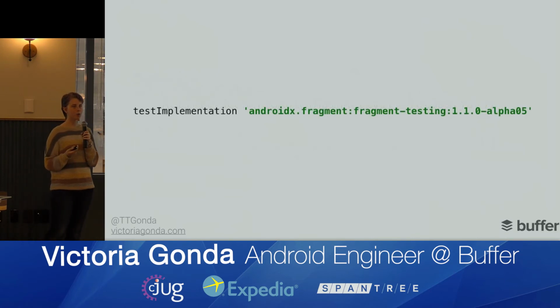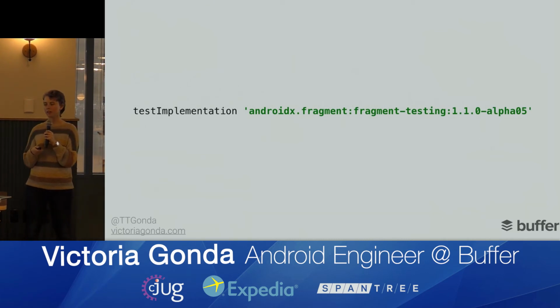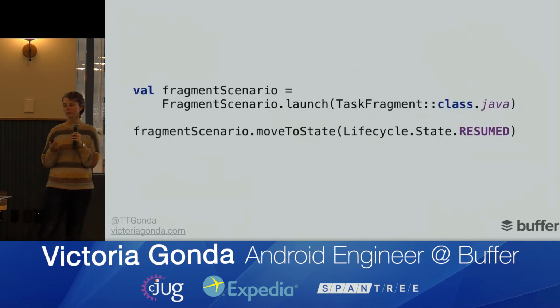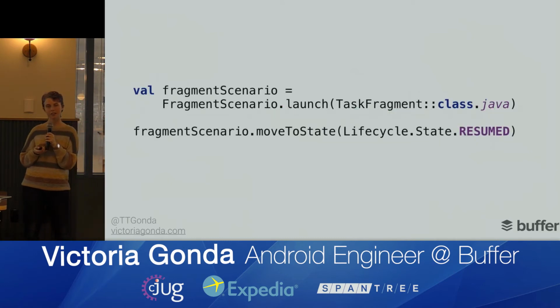This next part of the core stuff does require another dependency to add. As you might be able to tell from the name, fragment testing, this one deals with fragments. And it's a fragment scenario, similar to the activity scenario, but for testing fragments in isolation. No more do you need to build a solution yourself or set up the entire surrounding activity or maybe use yet another library.